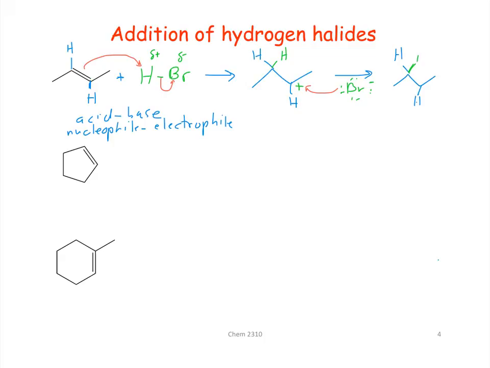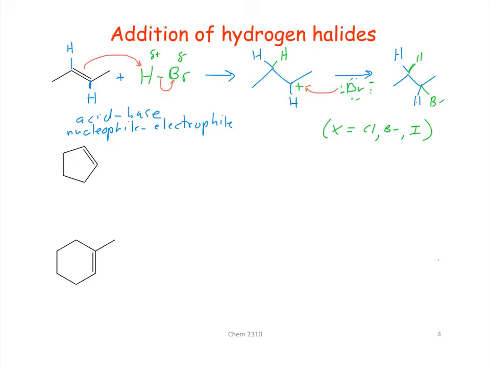We've added H to one side and a bromine to the other side. All right, so this reaction works as long as X can equal either chlorine, bromine, or iodine. Okay, fluoride doesn't really work so well.